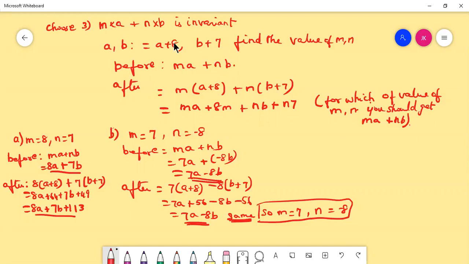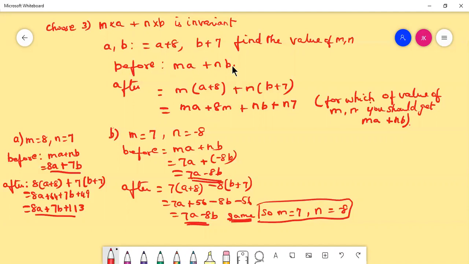So what is the after statement? What is the value of my a? a plus 8. What is the value of my b? b has changed to b plus 7. When you multiply, you get your answer as ma plus 8m plus nb plus 7n. This is the before stage and we have not proved it still.